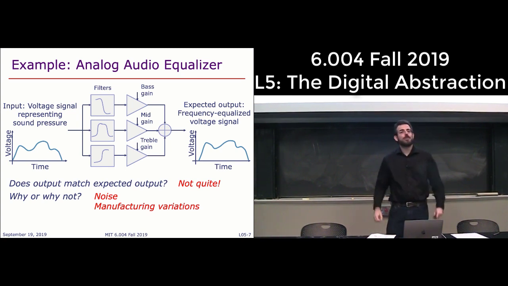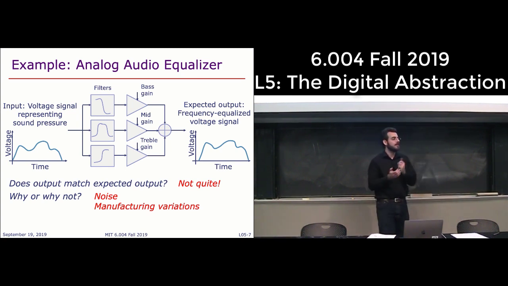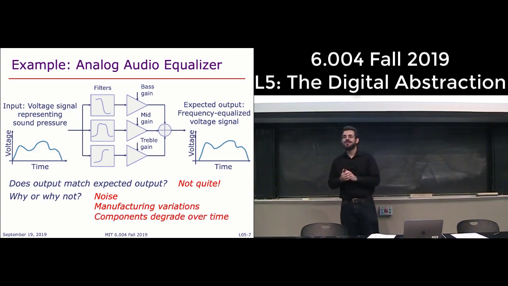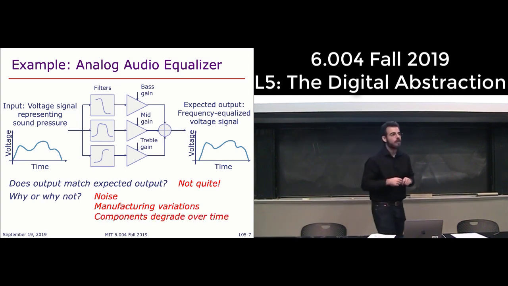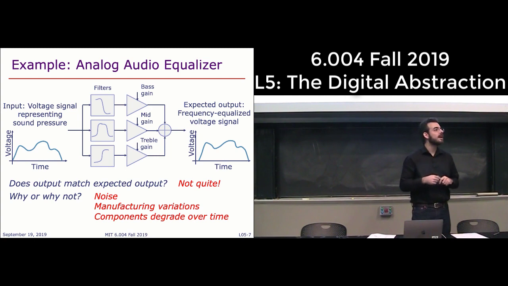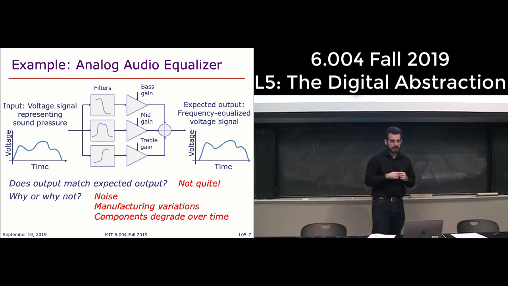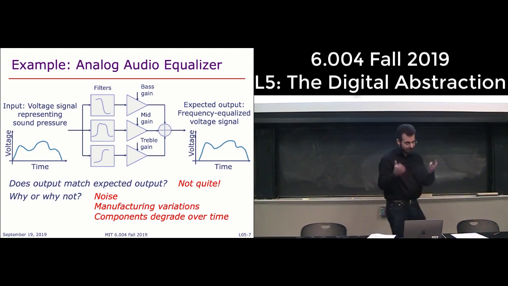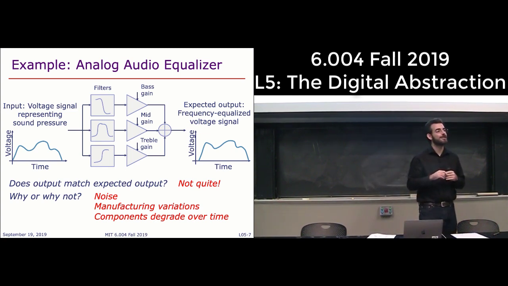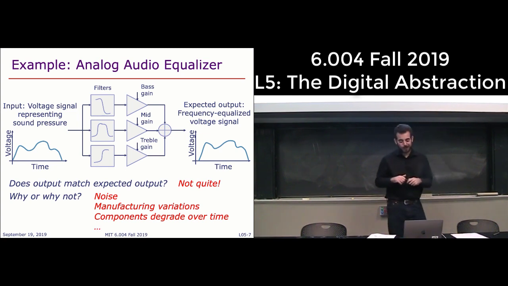And even if we produce these wonderful resistors and capacitors, time happens, and over time these different components are going to degrade. The transistors or whatever active components within these amplifiers are going to change their behavior just because that's how physics works. And so for these and other reasons, this analog system is not going to produce the same output every time. It's not going to produce the output we expect.